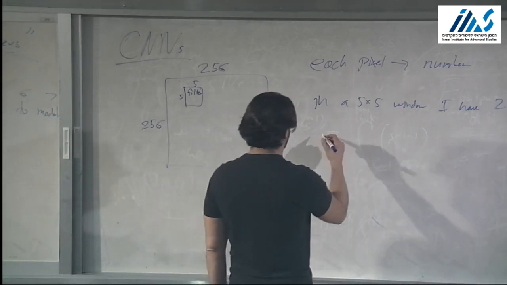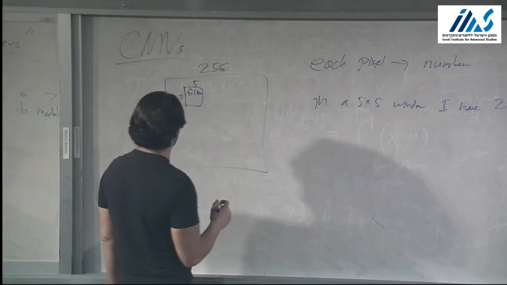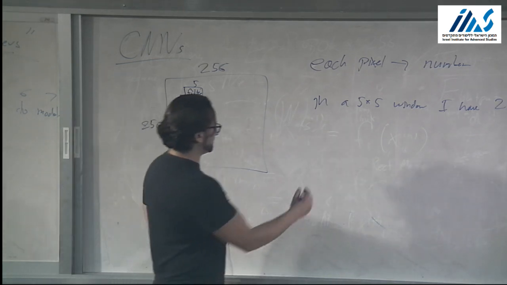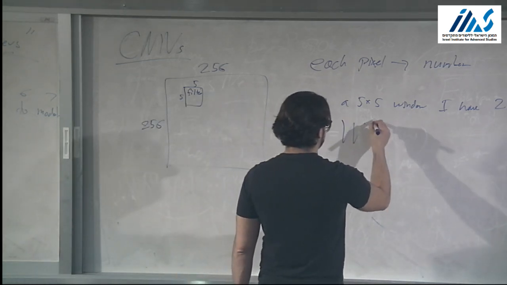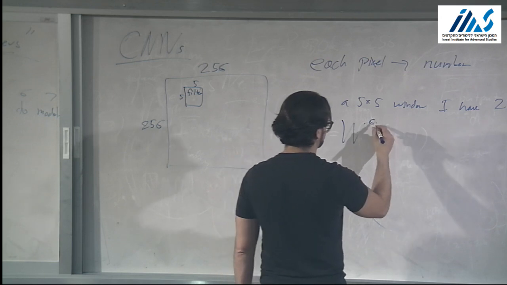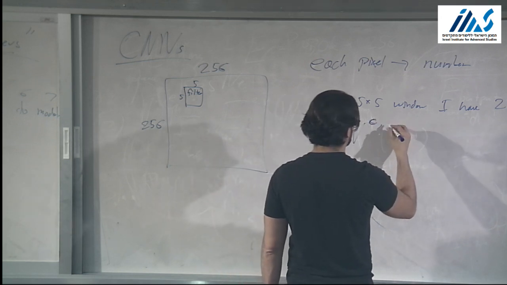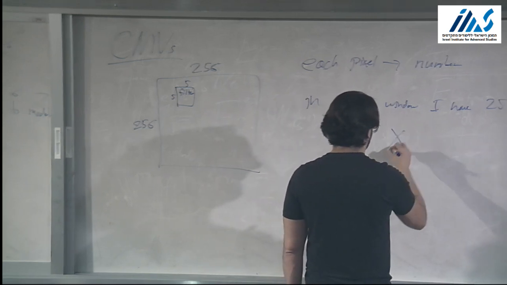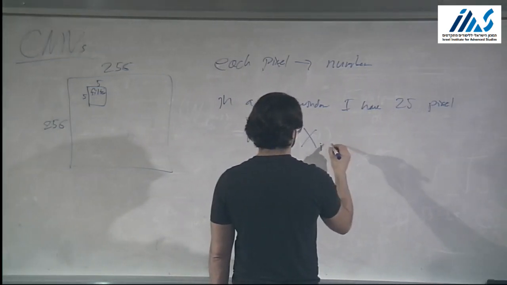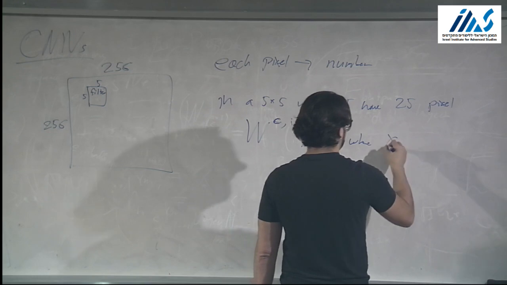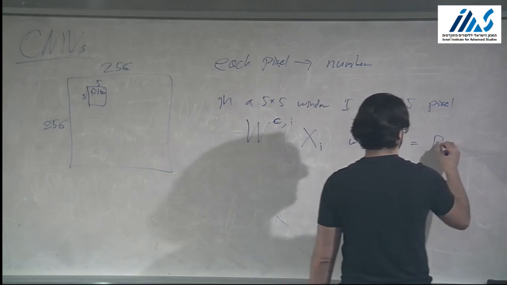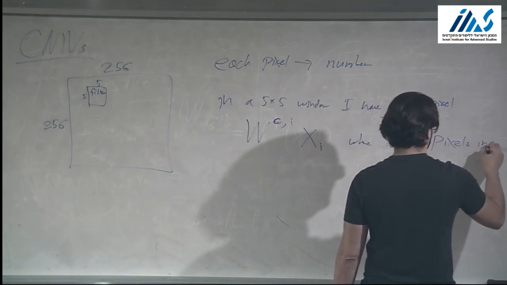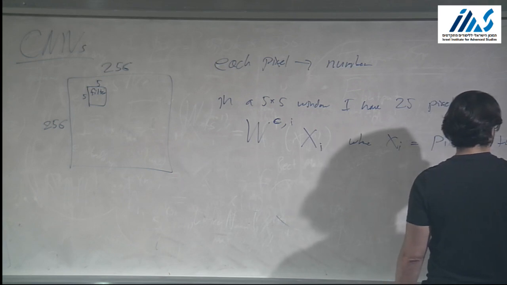And so I can define some W_c that acts on the x_i, where x_i equals the pixels in the filter.